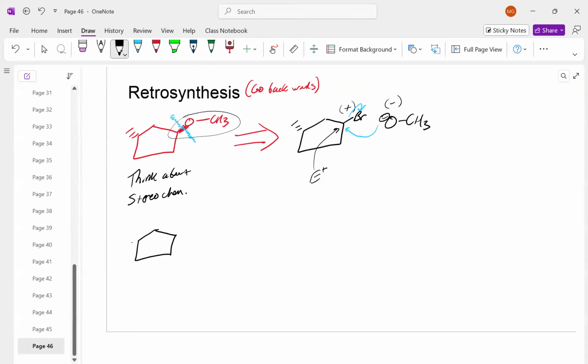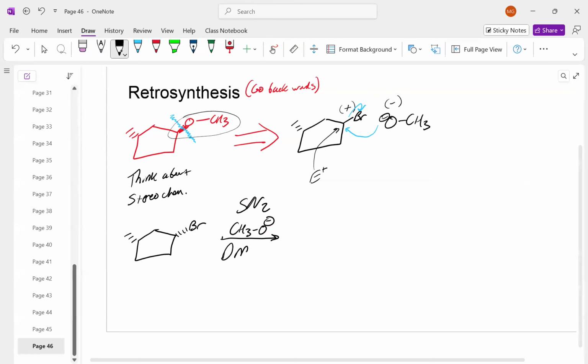I'm going to start with this alkyl halide and react it with this nucleophile. And if I really want this to do an SN2, so I get that inversion of configuration, I'm going to ensure that by picking a polar aprotic solvent. You say, which one do I use? We would figure out what the best one is by doing experiments in the lab. But right now, since you don't have experience with all that, just pick your favorite aprotic solvent, DMSO or acetone or any others that were in that list. And that will get us to our desired product.